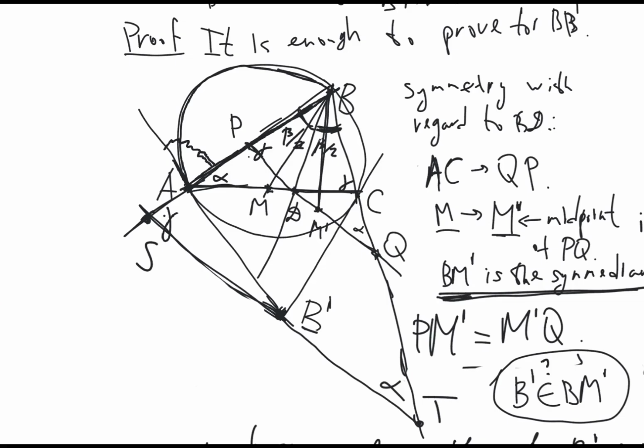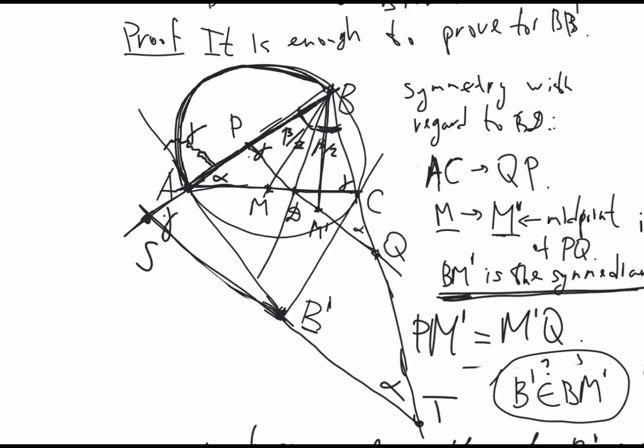Maybe the word subtend is not correct here, but it's equal to half of the arc between that this chord subtends. And this arc is equal to gamma basically, because the inscribed angle BCA also subtends this arc. So basically this angle is gamma, right?